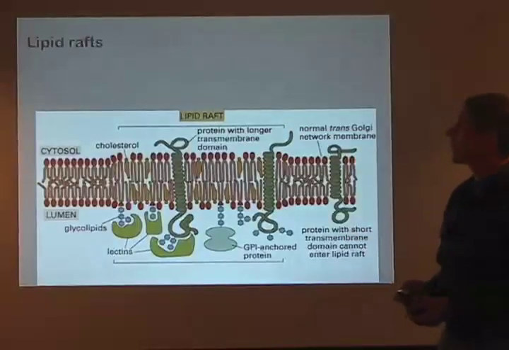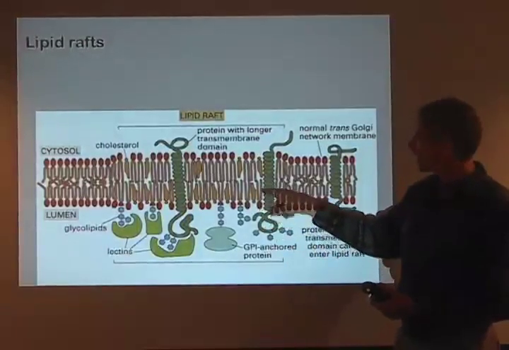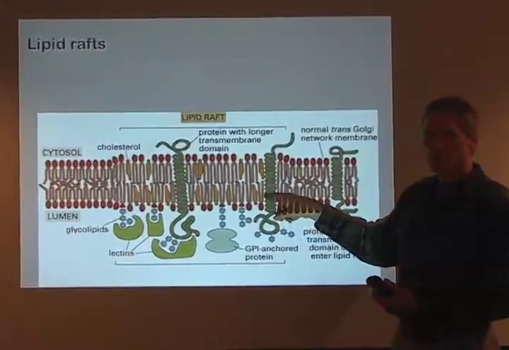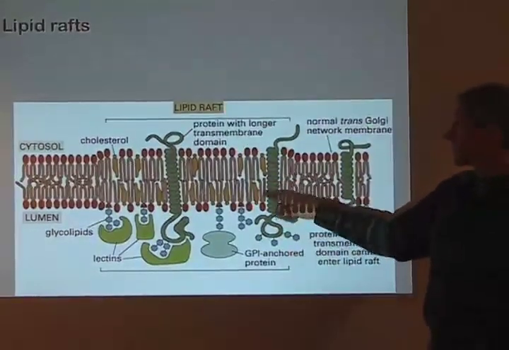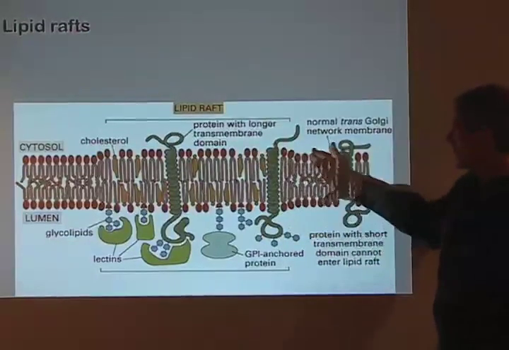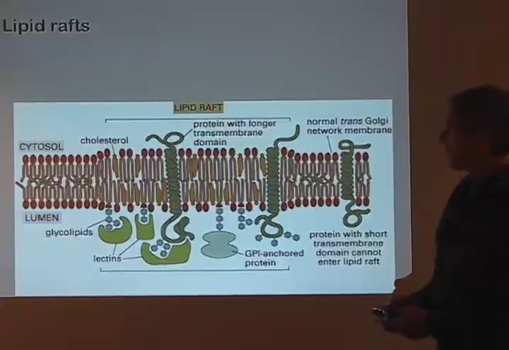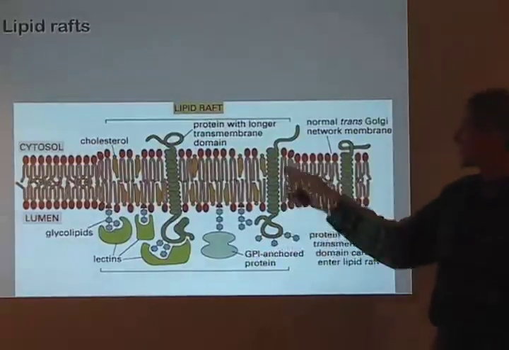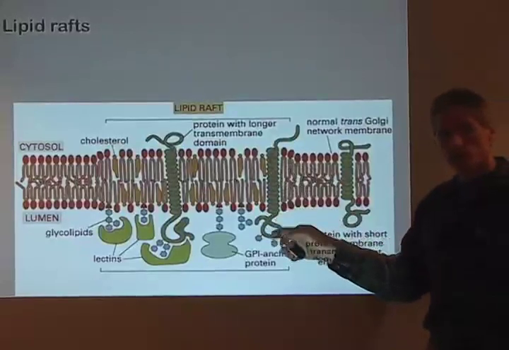They're called lipid rafts. And they contain lipids with longer, typically fully saturated, that is completely straight, fatty acid tails. So they're thicker than the normal plasma membrane. And they attract certain types of proteins which have longer membrane spanning domains.